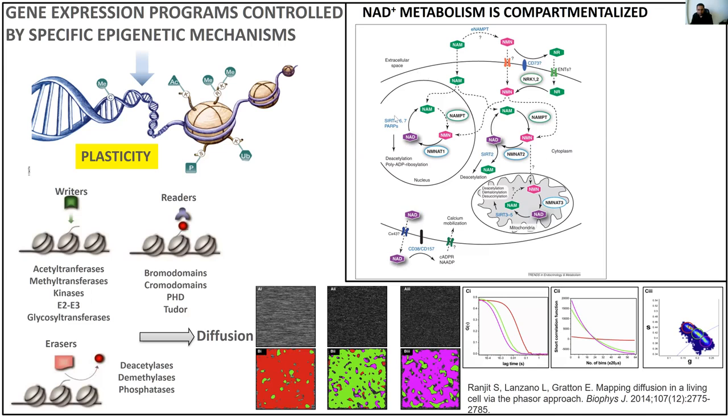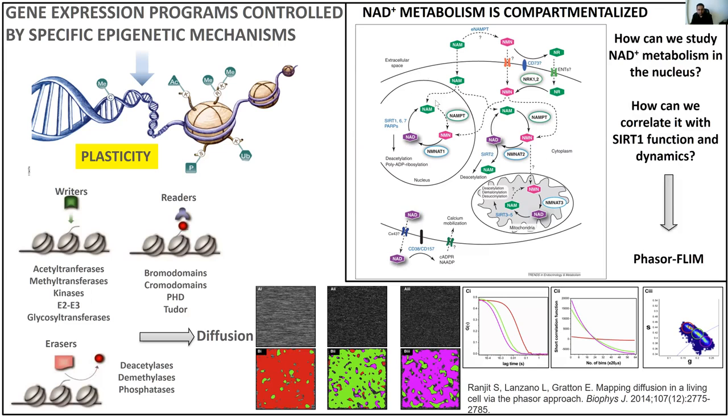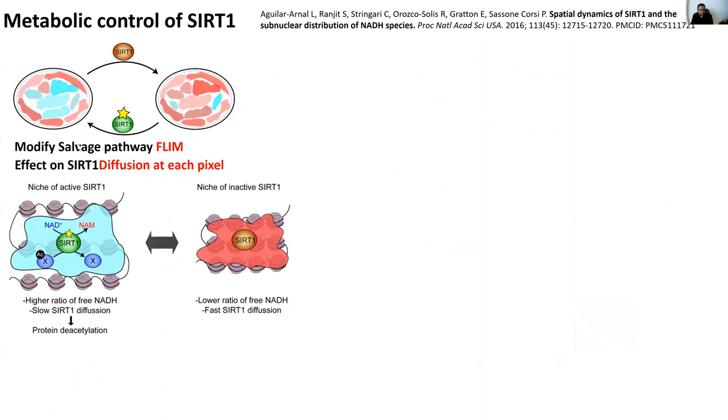So we, of course, look at phasor FLIM of NADH to look at the nucleus. So going into the actual expectation, the idea was we would modify the salvage pathway, and SIRT1 would become active, and we should see that.